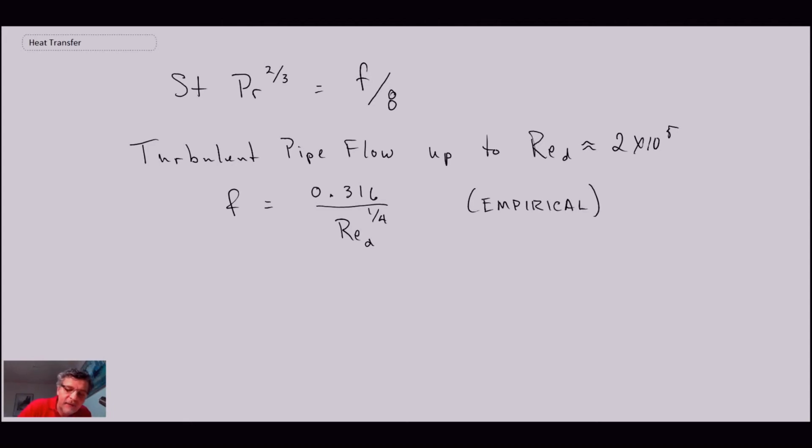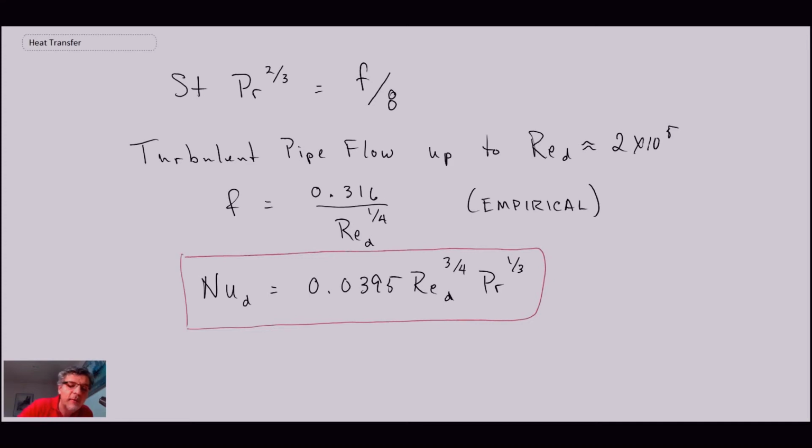And with that, we can then come up with an expression for the Nusselt number based on diameter. So using nothing but the friction factor, which is measured from the pressure drop in pipe flow, we can come up with an expression for the Nusselt number. So this is entirely based on fluid mechanic measurements and the Colburn analogy.